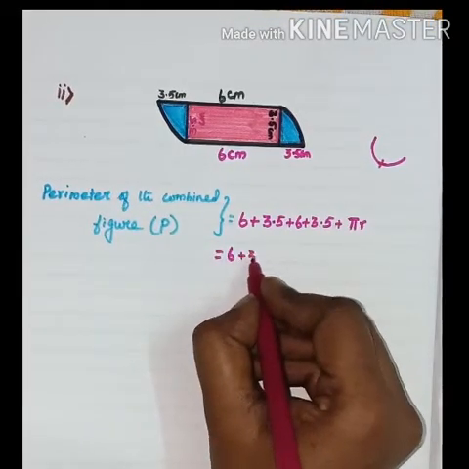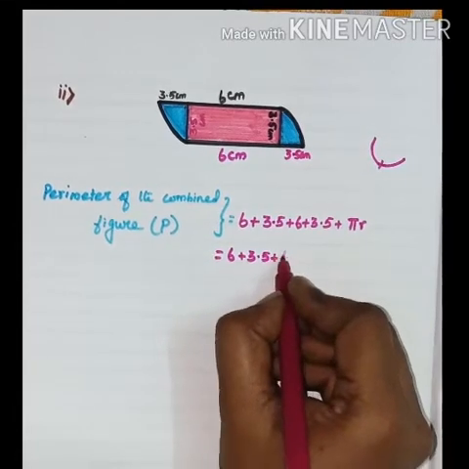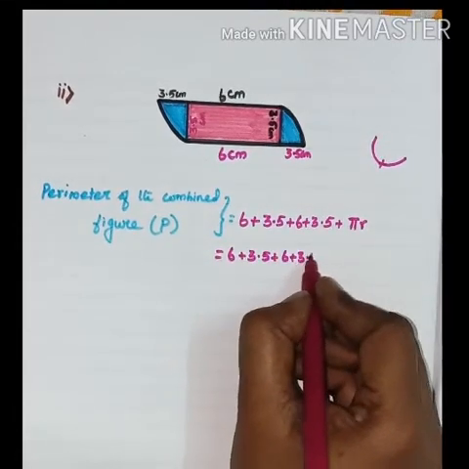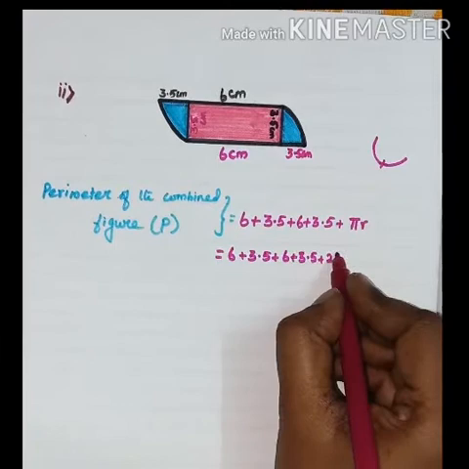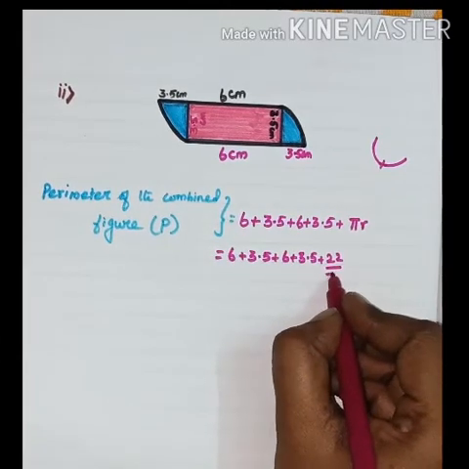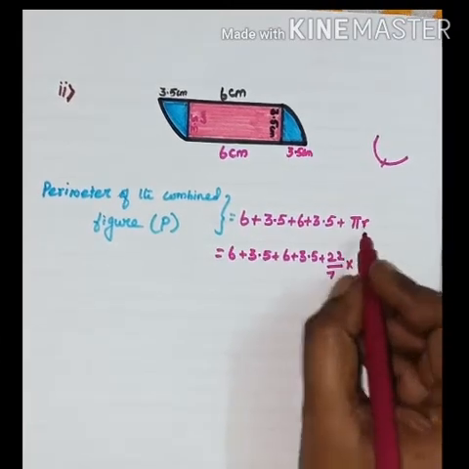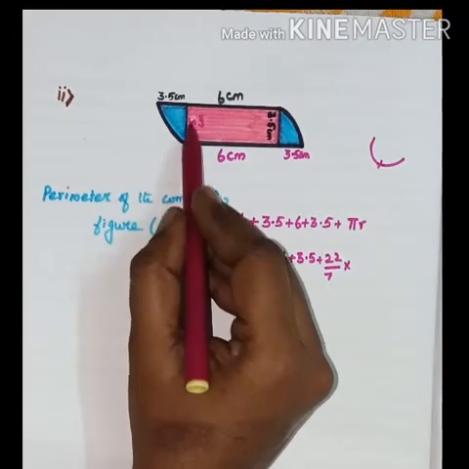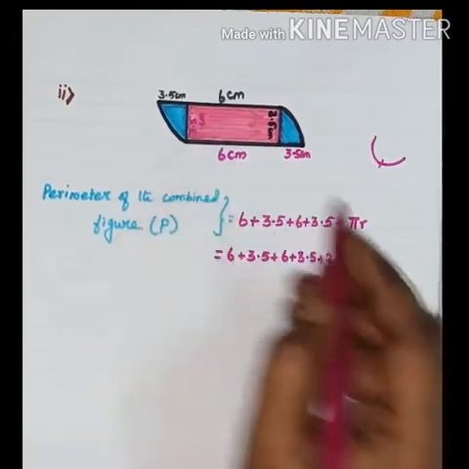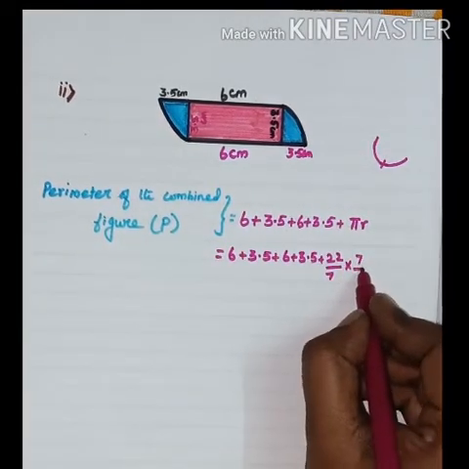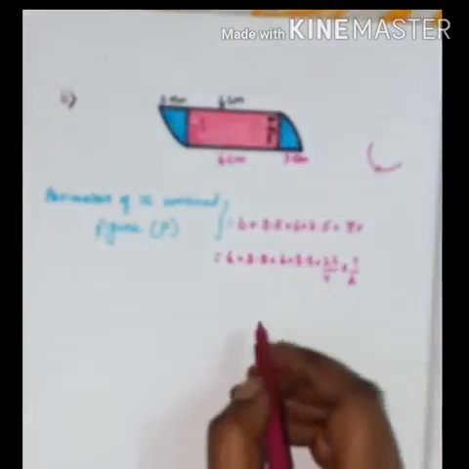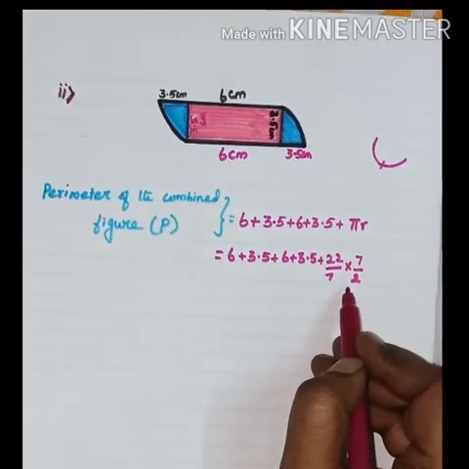6 plus 3.5 plus 6 plus 3.5 plus pi, which is 22 by 7, into r, which is given as 3.5. 3.5 can be written as 7 by 2 for easy cancellation.